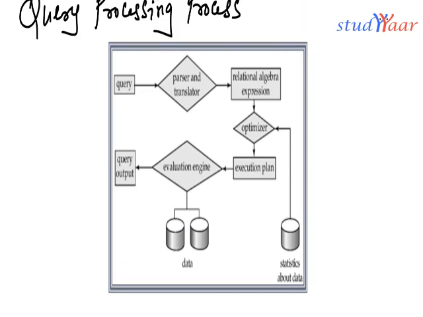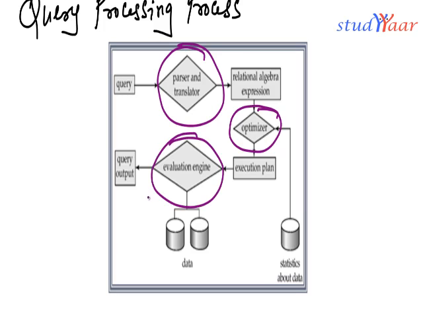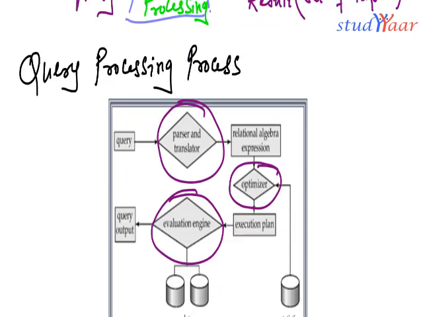We have three basic units that are being used to process a given query: a parser and translator, an optimizer, and an evaluation engine. We are going to look at them one by one.